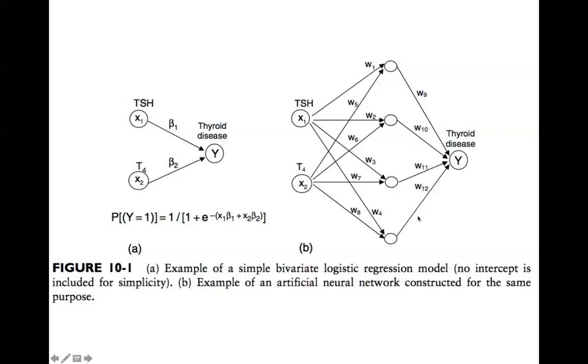But in the neural network, we have some hidden layers. Both factors, TSH and T4, contribute to a hidden layer, and they have different weightings. So we can create a more sophisticated model for predicting thyroid disease.